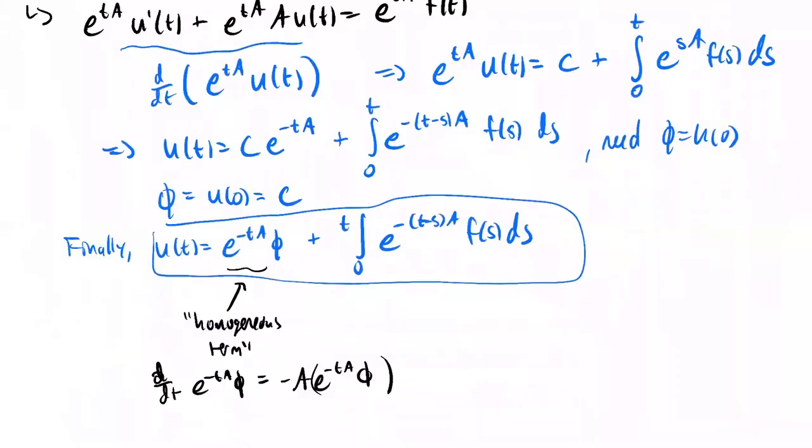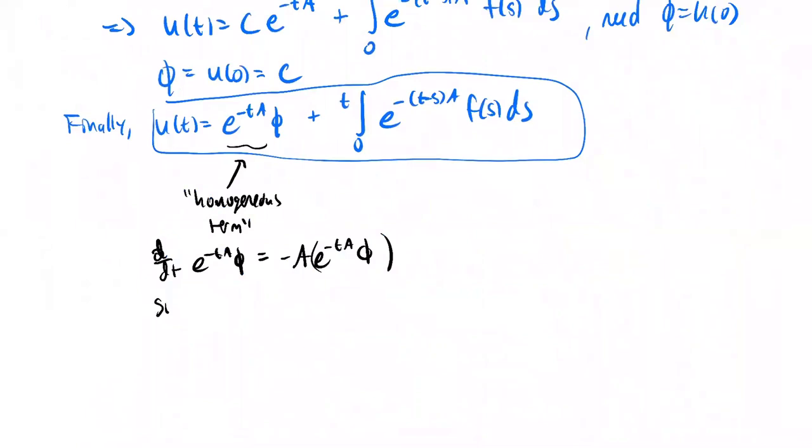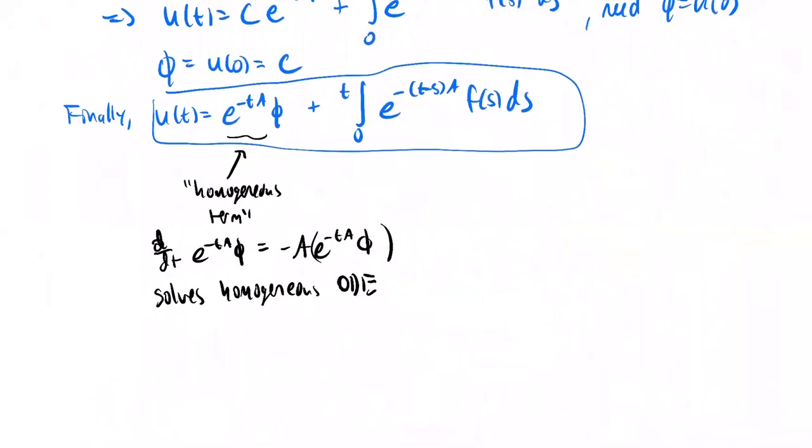So this solves the homogeneous ODE. And moreover, if I set t equals 0, well, e to the minus 0 times a applied to phi is just 1 times phi. So this has the correct initial condition as well. So in fact, it solves the homogeneous initial value problem that we saw above.